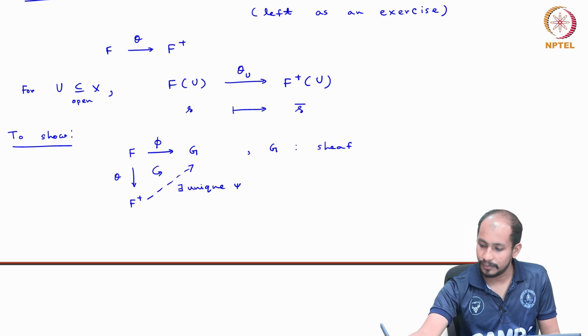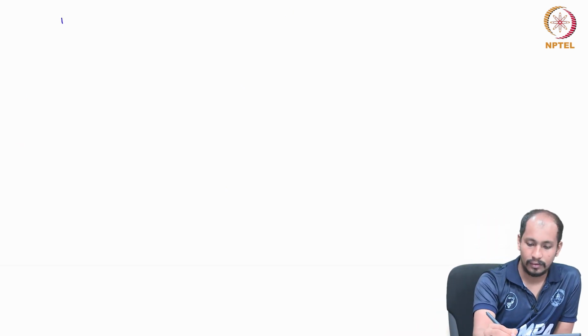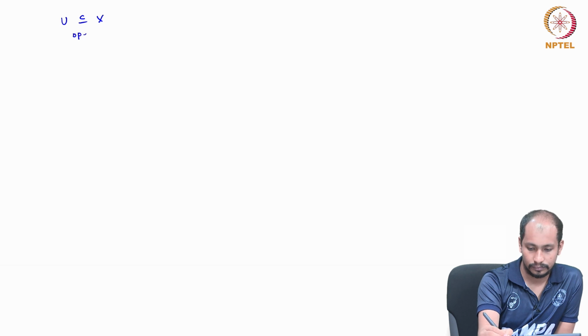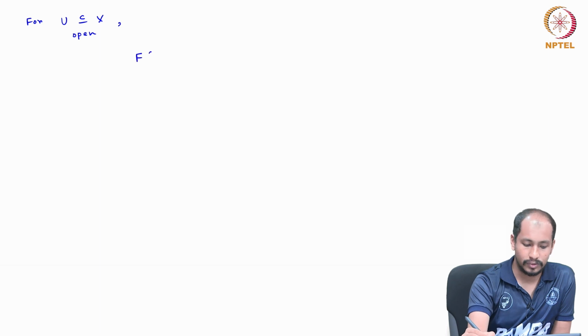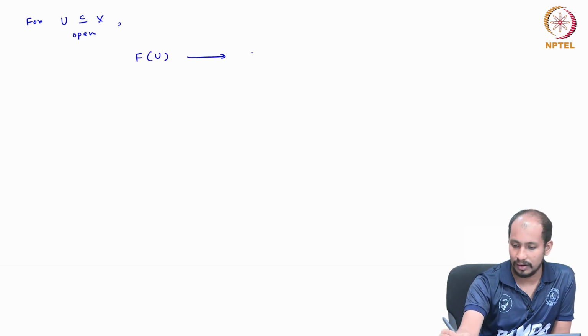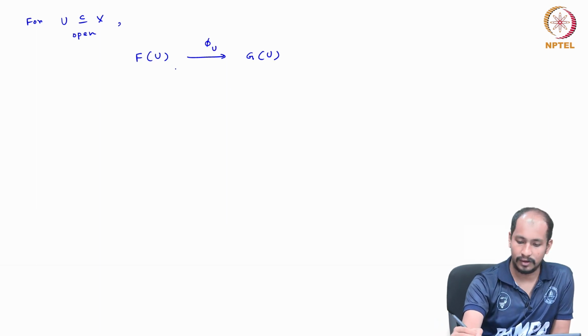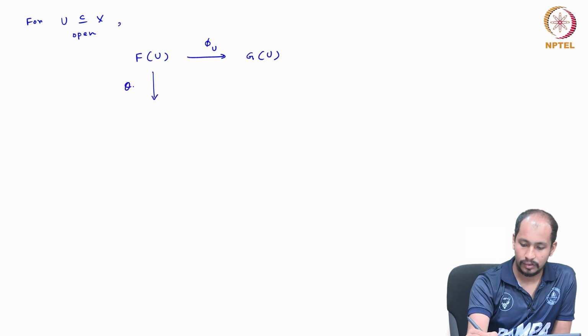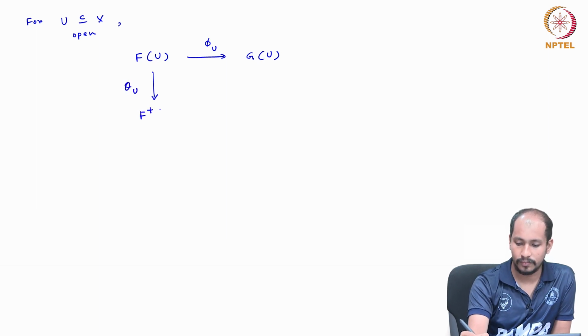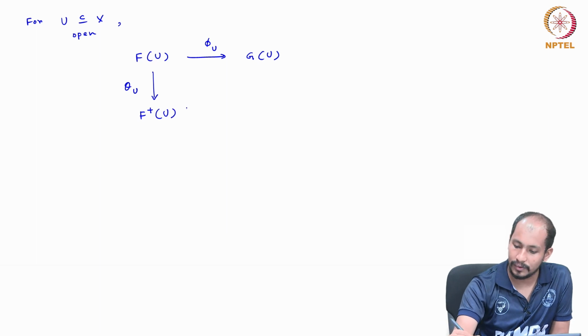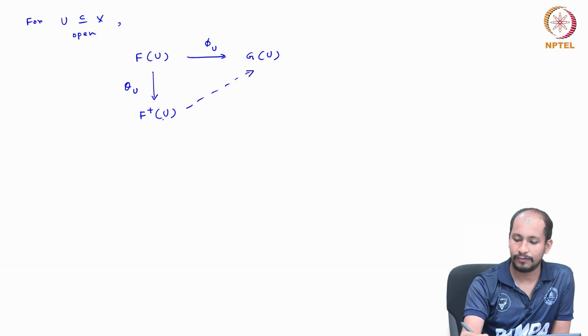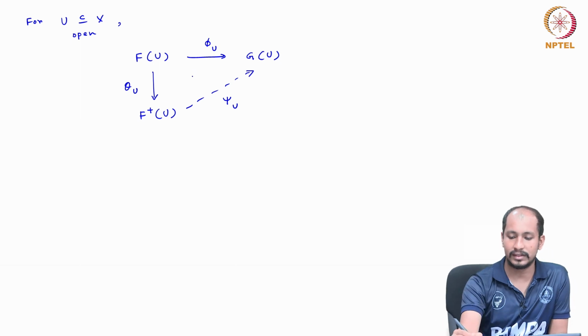This in turn means we have to show that for any open set U inside X, if we have a map phi U from F of U to G of U, and theta U goes to F plus of U, then we have to construct a map from F plus of U to G of U, such that this diagram commutes.